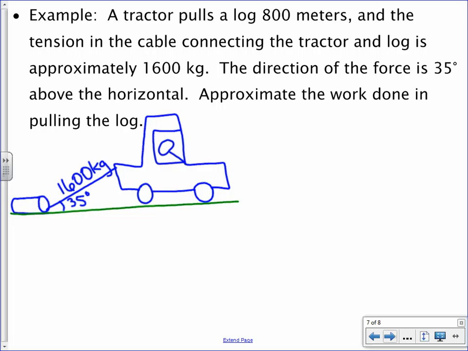Now, if that log is moving horizontally, what is the force that matters? The horizontal force. The horizontal component is the only one that's really acting on this log. So our force is the horizontal component: 1,600 kilograms times the cosine of the angle.